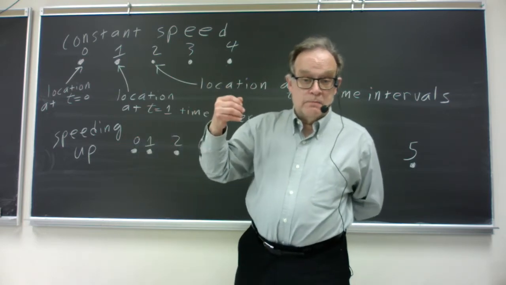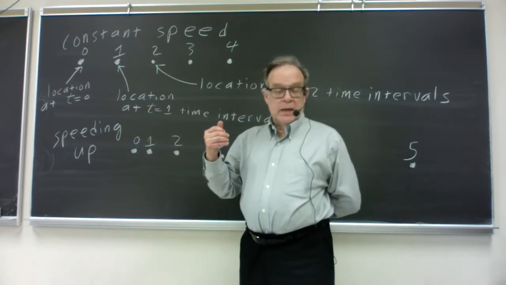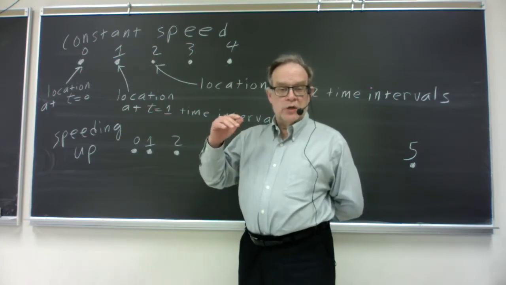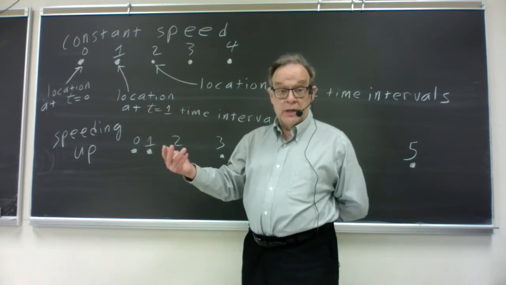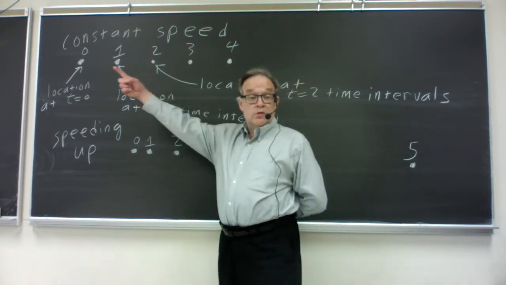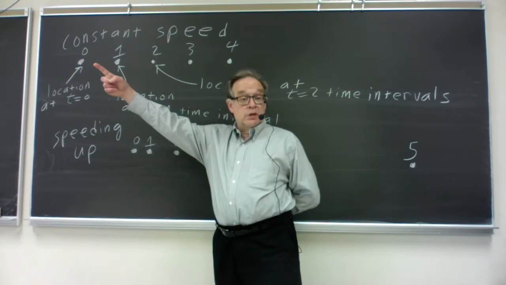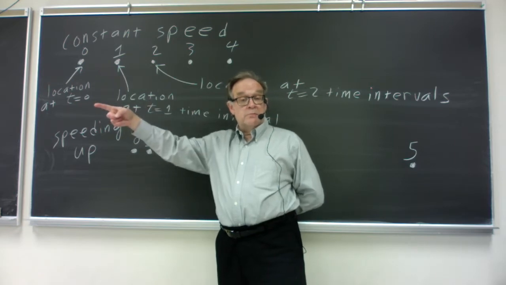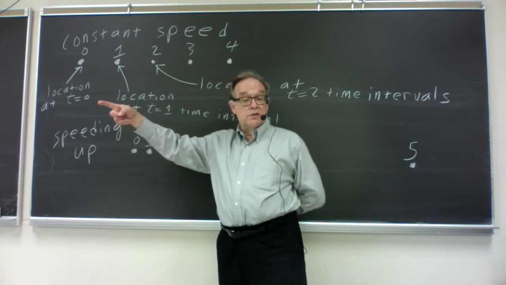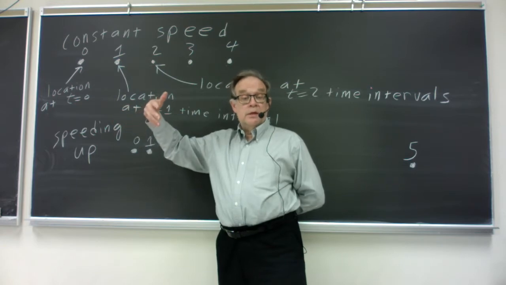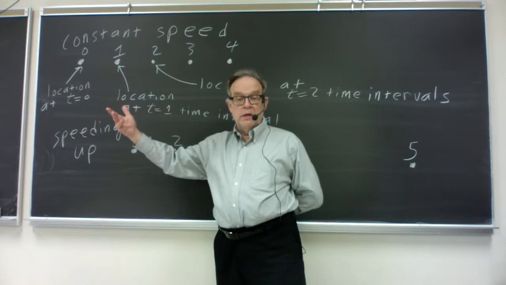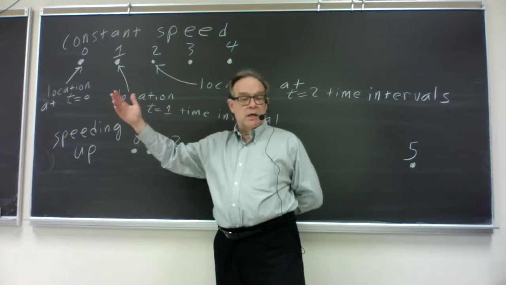So here's how it works. You're watching something that's moving, and at some point you start the stopwatch. That's the moment when you actually start watching the object. At that time, here's the location. Just put a dot there to represent the location at time 0, the moment you started the stopwatch. Then you wait a little while, 1 second, half a second, 1 minute, 30 seconds, any kind of time interval.